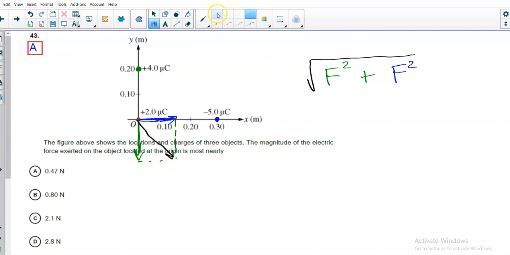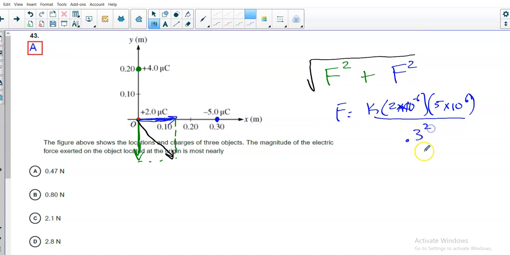All right, so let's go with the blue one first. Blue force is going to be K times 2 times 10 to the negative 6 coulombs times 5 times 10 to the negative 6, I'm not worried about the negative sign because I already know the directions, divided by 0.3 meters squared.